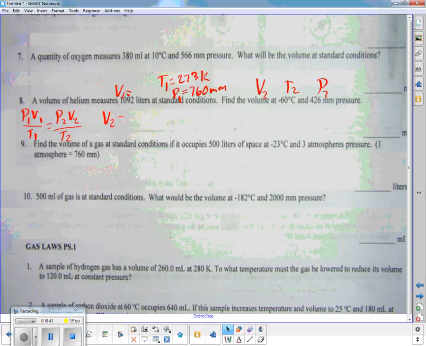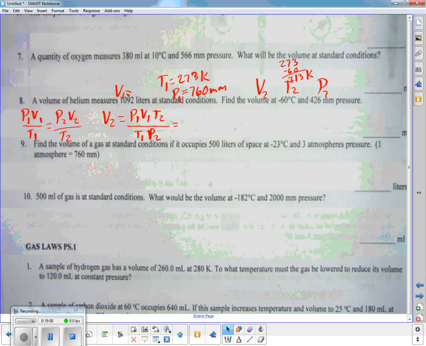So V2 is equal to P1 V1 T2 divided by T1 P2. Okay, so we do have to add 273 minus 60 is 213, right?